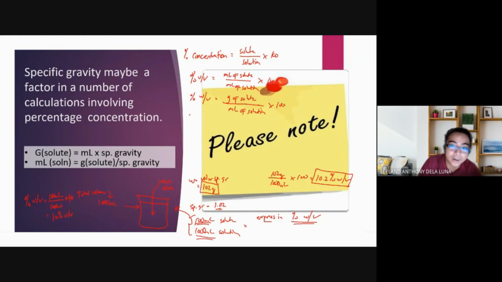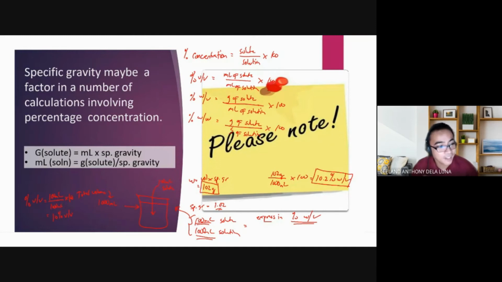Kung ito naman ay percent weight per weight, then that would be grams of solute over grams of solution times 100. Make sense? Does that make sense, class?